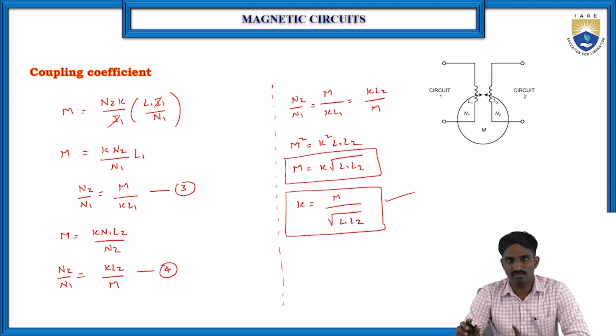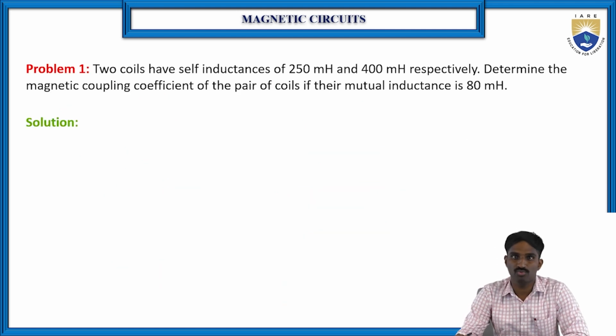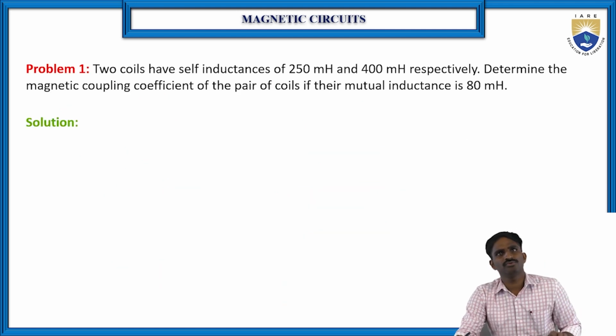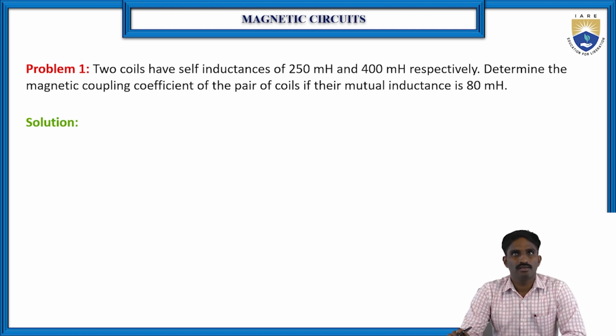So first we should understand what the coefficient of coupling is and how important it is, when we apply the mutual induction principle. Now we are going to solve some numerical problems. First let me read one simple problem. Two coils have self inductances of 250 millihenries and 400 millihenries respectively.